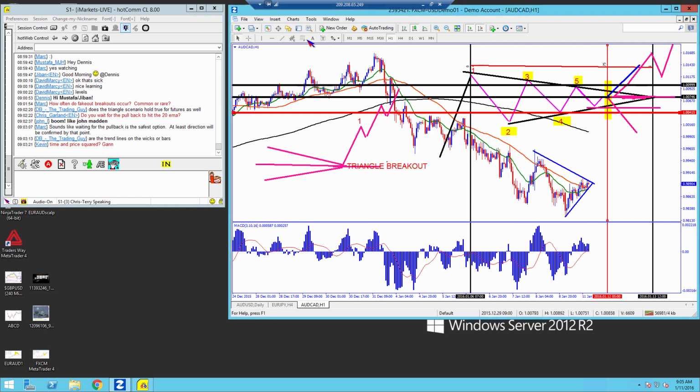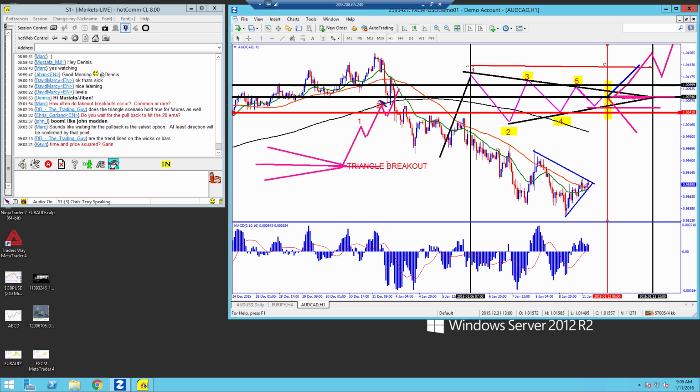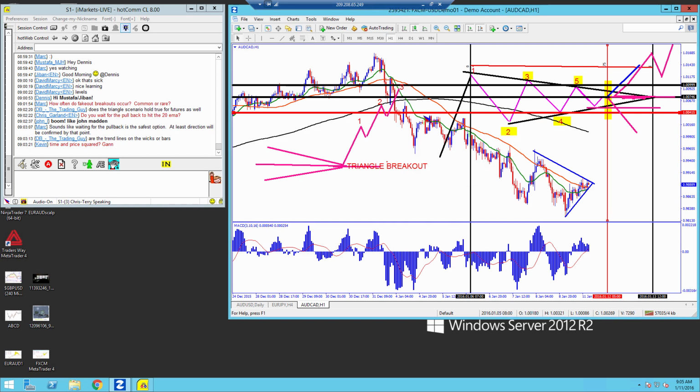1, 2, 3. So you know what typically will happen is you get these 3 drives to end the swing. 3 drives will typically end the swing.